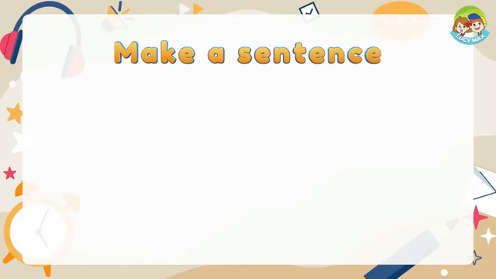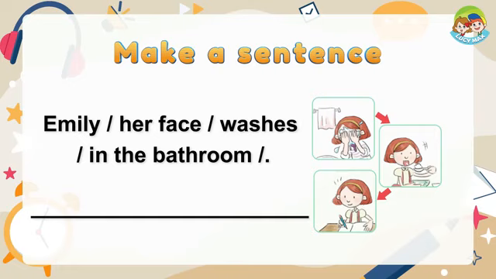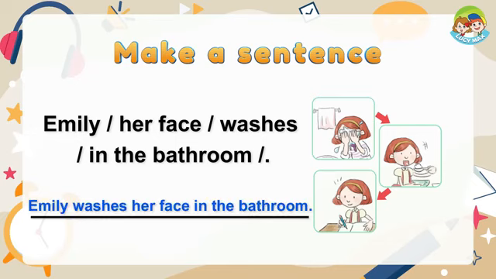We will make a sentence using the words below. The first letter should be a capital. Look at the first one. Emily, her face, washes in the bathroom. Emily washes her face in the bathroom.